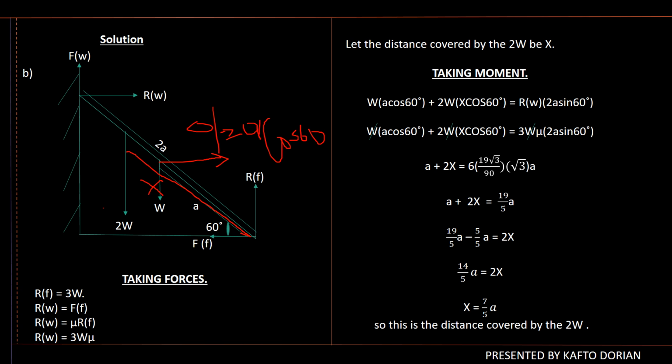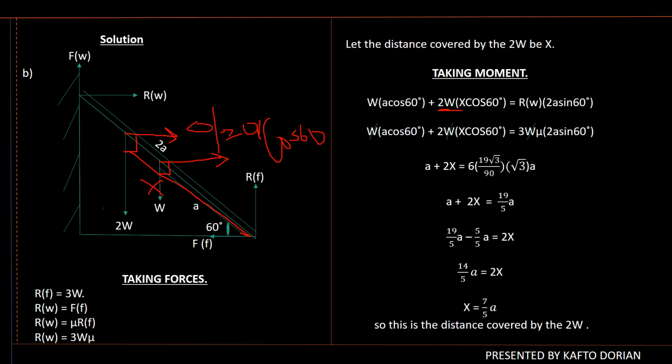From the weight you just multiply the force and the perpendicular distance. For the boy you do the same thing. It also needs a horizontal perpendicular distance, so it needs a cos trigonometric function. The distance from here to here is X times cos 60 degrees, times the force, which is 2W. You now equate it to the anticlockwise moment.